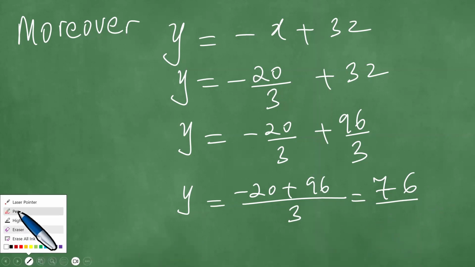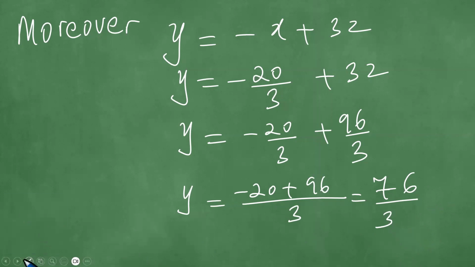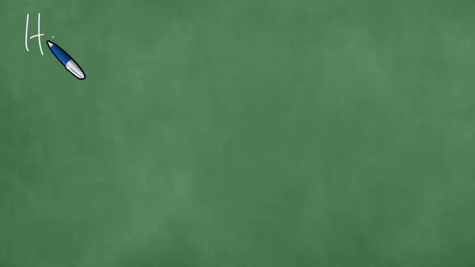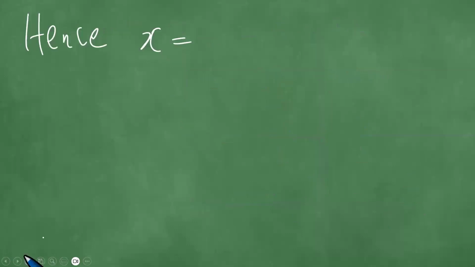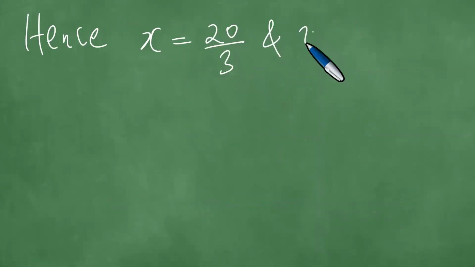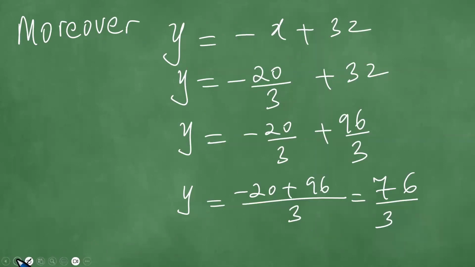Hence x equals 20 out of 3, and y equals 76 out of 3.